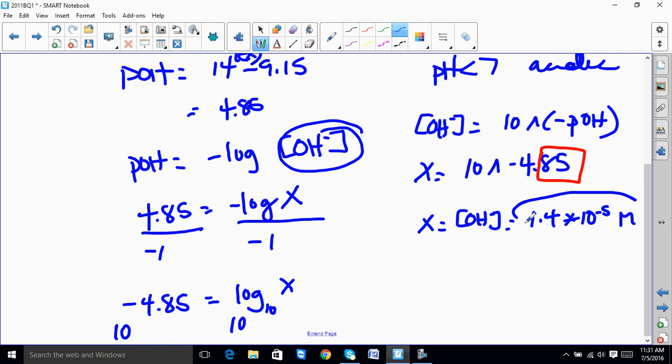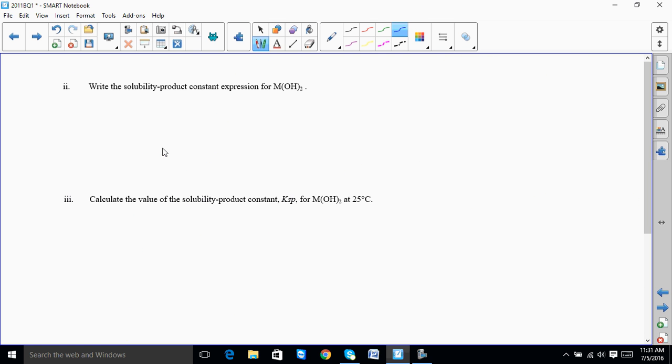So this is the answer for B, part I. Then we have part II. What is the solubility constant expression? You have to write down MOH2. Because they asked for Ksp, because solubility product means Ksp, that means this stuff isn't very soluble, and it dissociates into M plus 2, which is the reason we did part A, plus 2 OH minus.